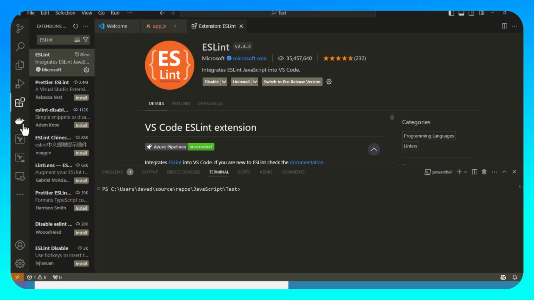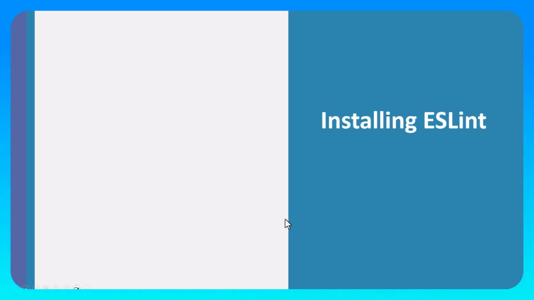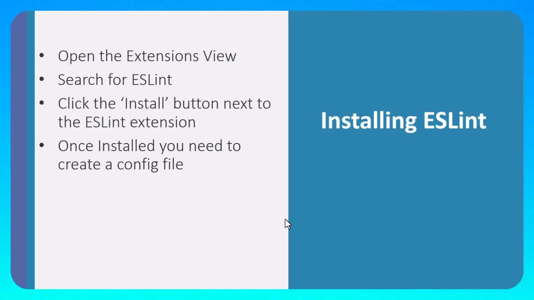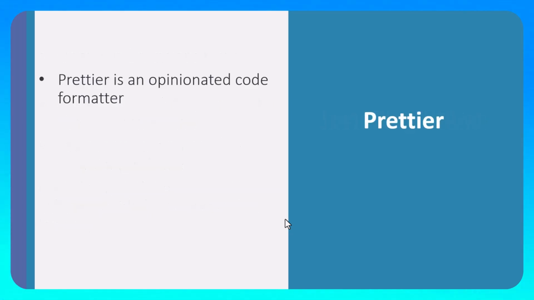Alright, so till that time, I will go for the next slide. We have covered installing ESLint in a way. Detailed installation instructions will be provided in an upcoming lecture, and then we'll come to Prettier.